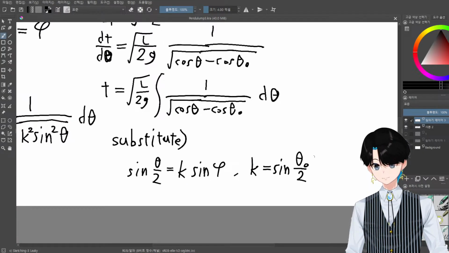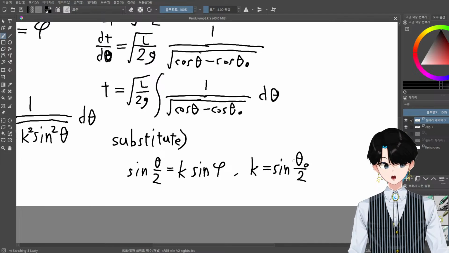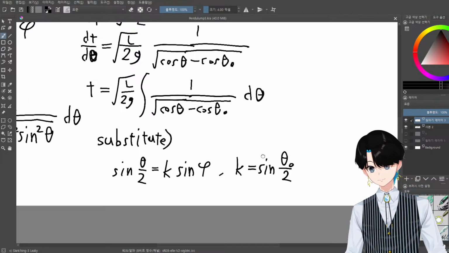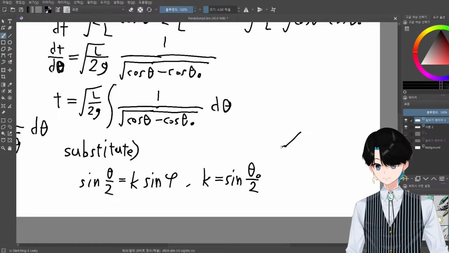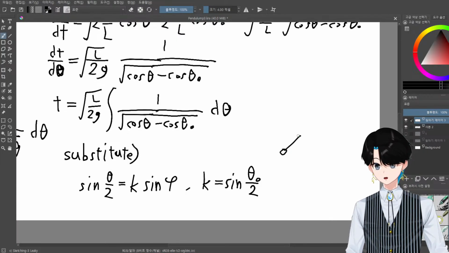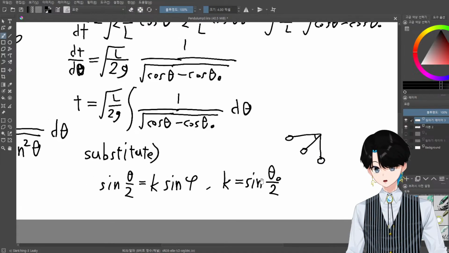Of course, this value will change depending on our preferences. If you want to drop a pendulum in here, then theta 0 will be this one. But if you want to drop a pendulum in here, then theta 0 will be this. And if you don't want to drop a pendulum at all, then why are you here?